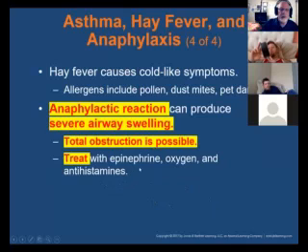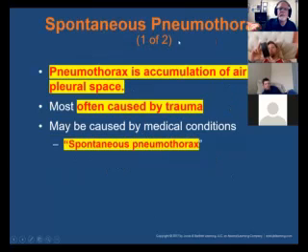Full-blown anaphylactic reaction, we're going to use epinephrine. We're going to add that to the mix. But oxygen and antihistamines are indicated for just the allergic reaction that's less severe, called hay fever.